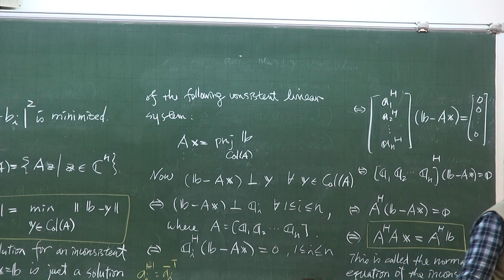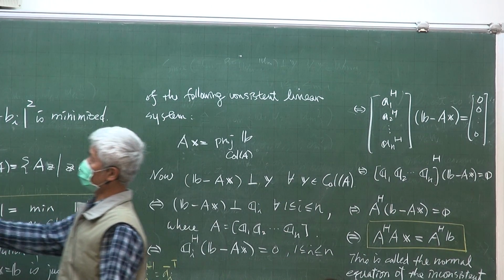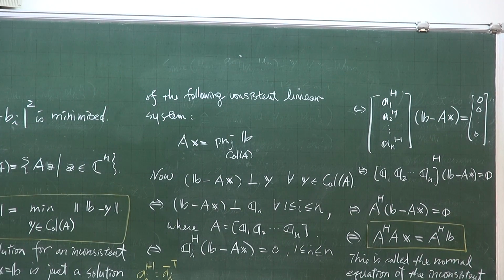And the solution has the property that it provides a column vector closest to B, so the error is minimum. People call this error the squared error. Any questions?